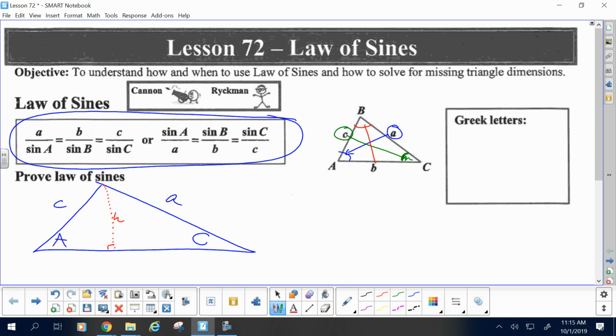And let's talk some trigonometry, shall we? Based on this triangle in blue, what trig is implied? You have an angle, the side across from it or opposite it, and the hypotenuse. So what trig?